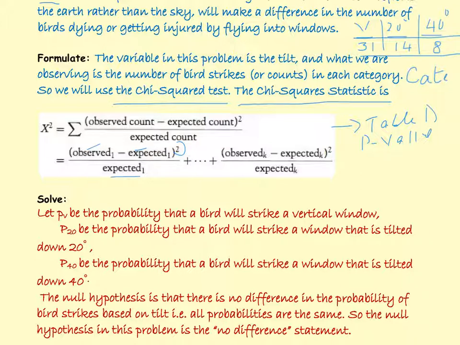Now when we do a hypothesis test, the first thing to do always is to set up the null and alternative hypothesis. So in this problem, we're trying to prove that tilt actually makes a difference in the number of bird strikes. So the null hypothesis in this particular problem is the no difference statement.